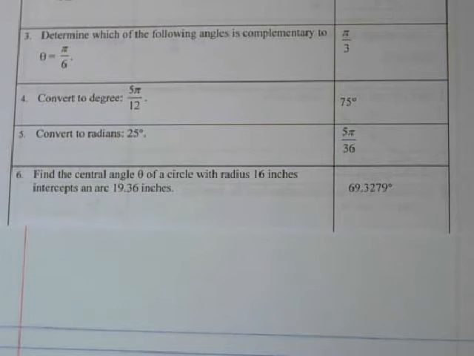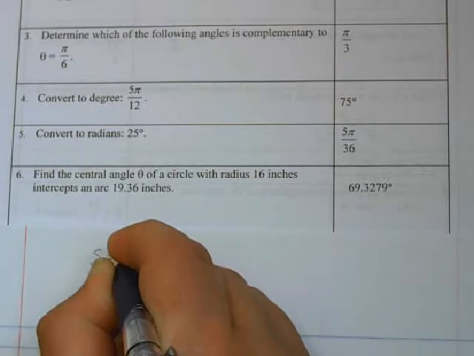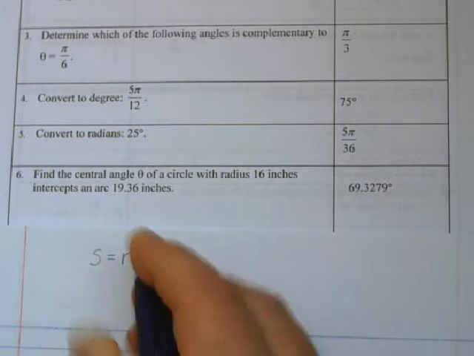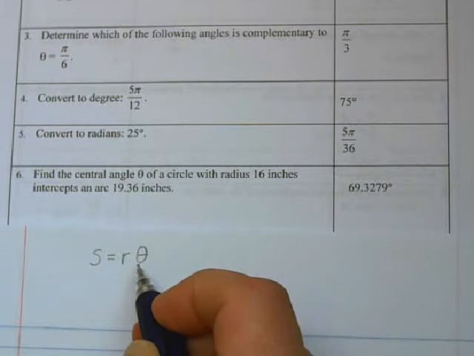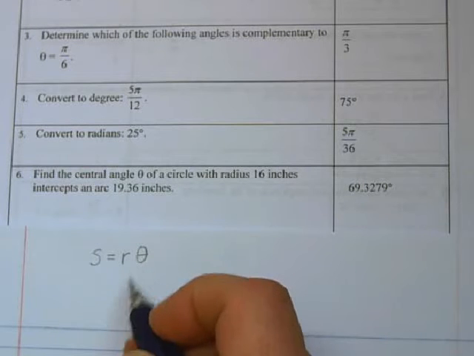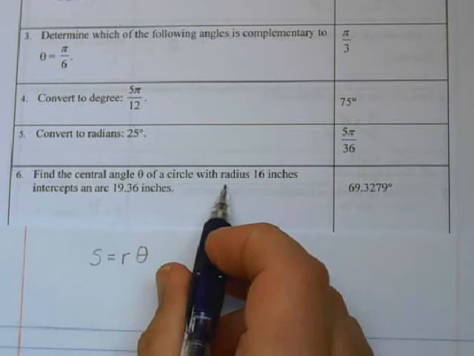Okay, for number 6, we have an arc length problem. And the formula we're going to use is S equals R theta, where S is the arc length, R is the radius, and theta is the measure of the central angle in radians. So I just substitute the values I know from the problem.